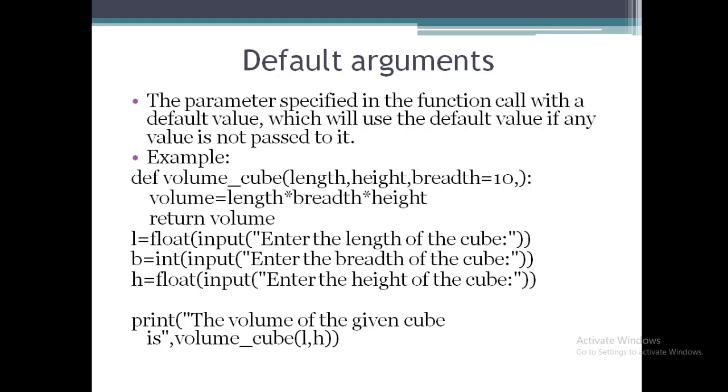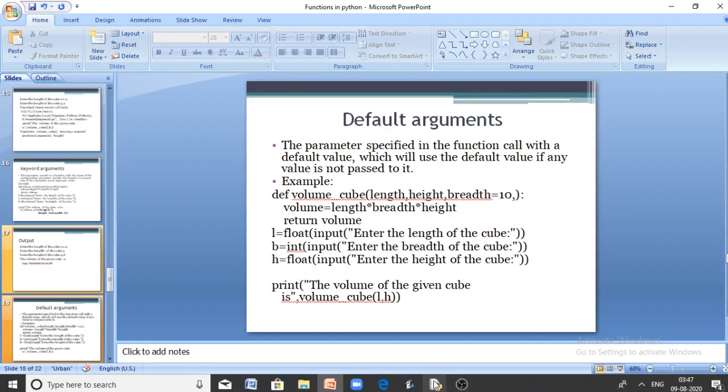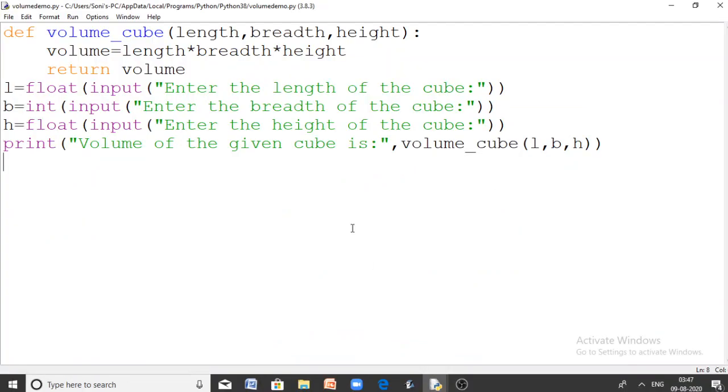Let us have a small example for it. In the same case, as I told you, I miss the breadth. So instead of passing three arguments expected by the function, I am passing only two arguments. But still, I can make it work by assigning a default value to this parameter breadth.